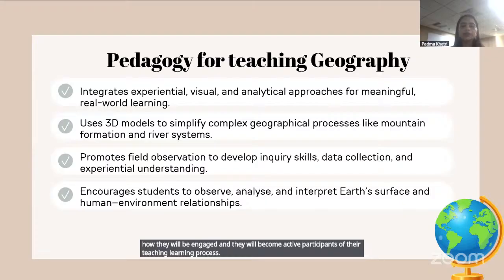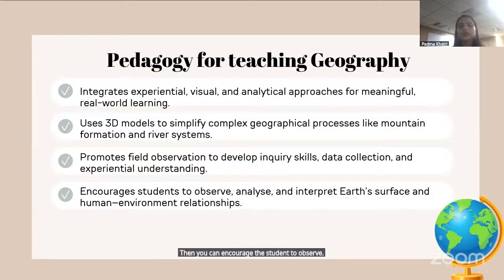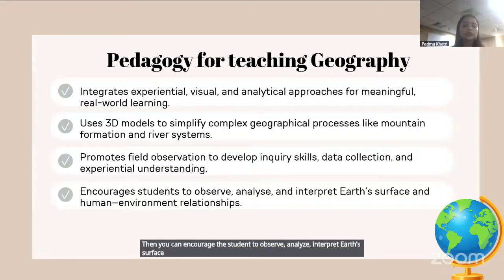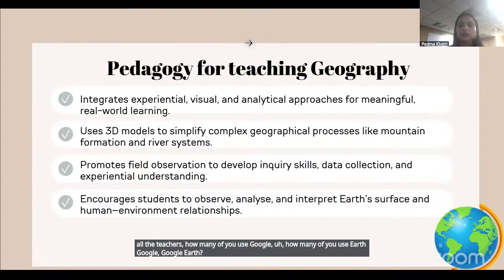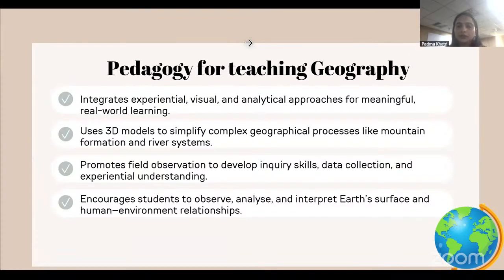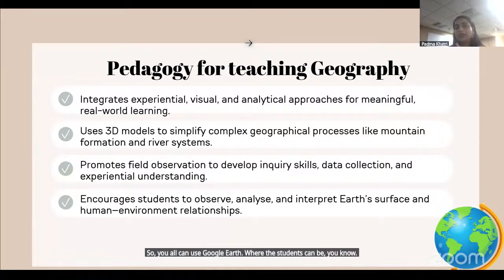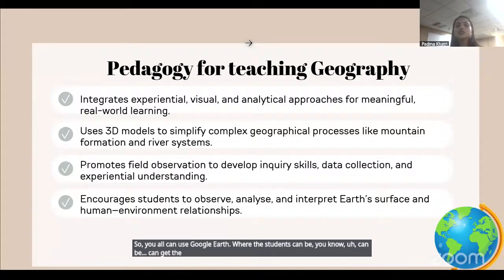Then you can encourage the students to observe, analyze, and interpret the Earth's surface and human environment relationship. Now, all the geography teachers, or all the teachers, how many of you use Google Earth? So you all can use Google Earth, where the students can get the experience of going from one place to another place.